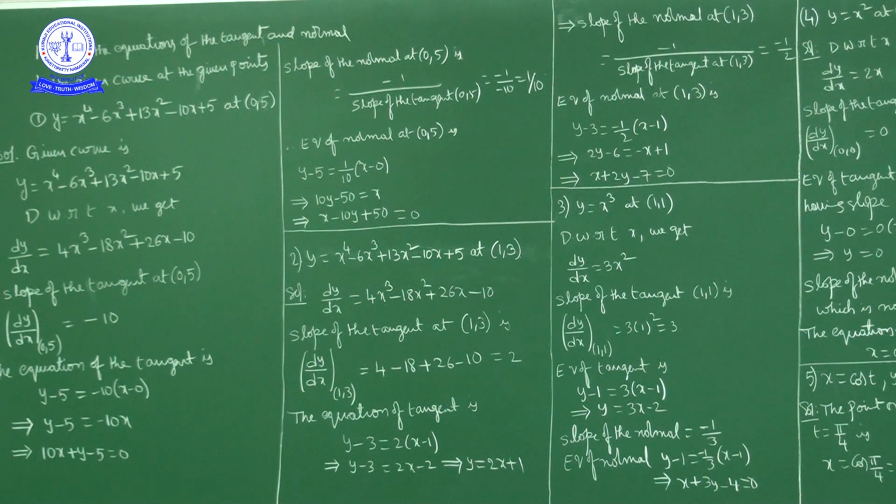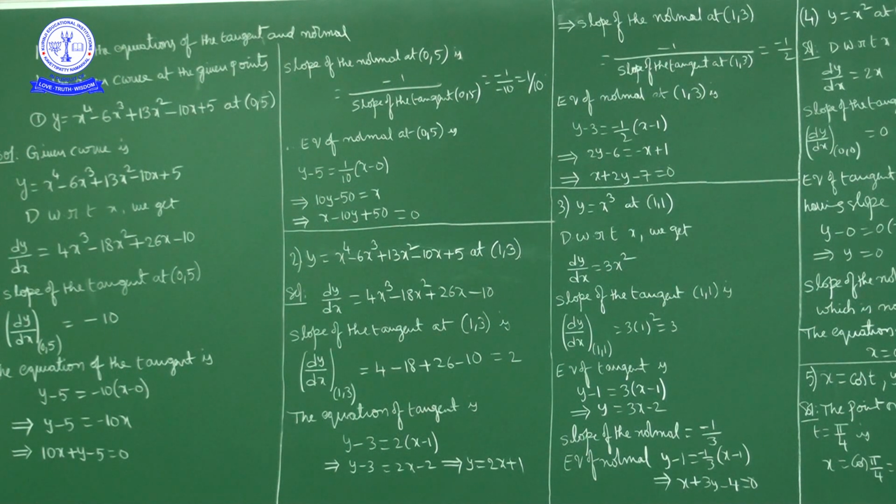Find the equations of tangent and normal to the given curve at the given points. How to find the equation of tangent and normal to the given curve at the given points. In this question, a total of 5 sub-questions are there.